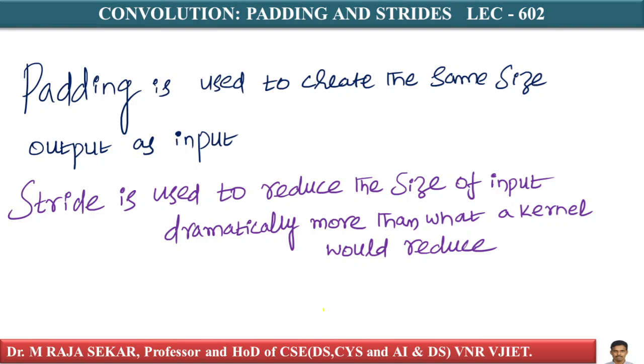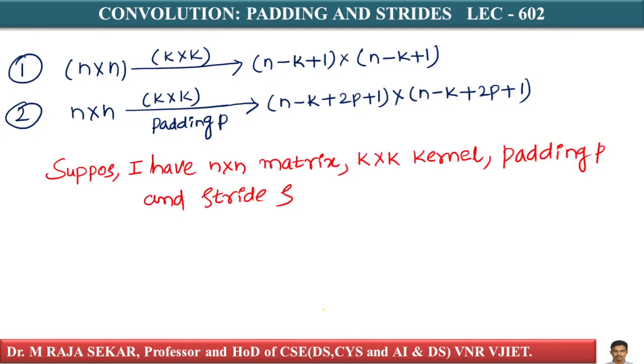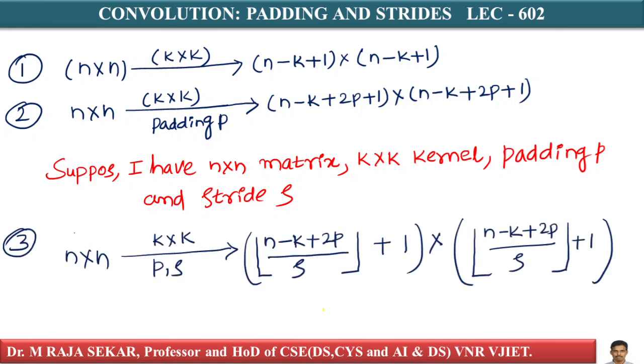Suppose I have an n cross n matrix, and a k cross k kernel with p as padding, and s is the stride. What is my final matrix?